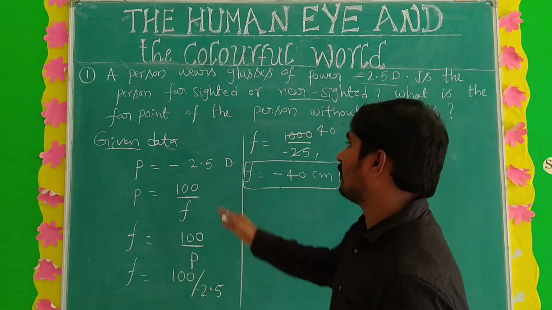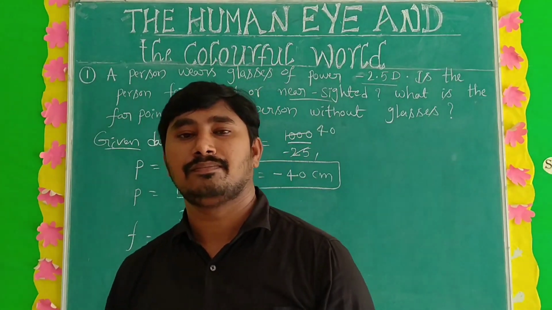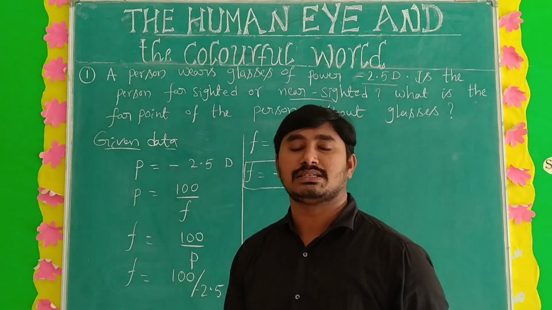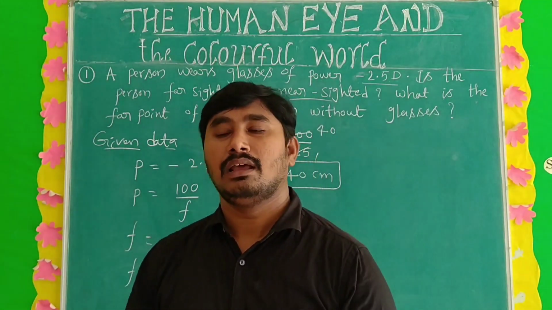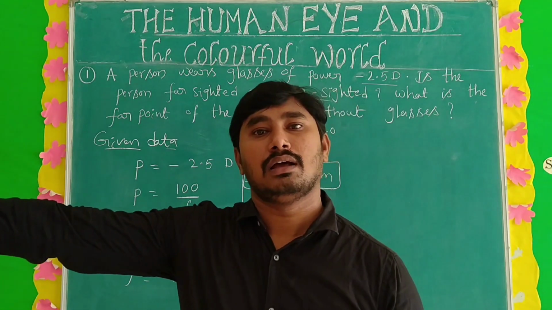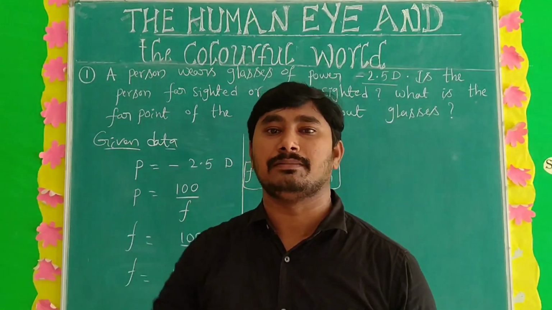Next, what is the far point? For the far point we must find the image distance. You know very well the focal length. Then what about the object distance? In myopia especially, if the object is not given, the object is at a very long distance from the lens. Means object distance should be taken as minus infinity.